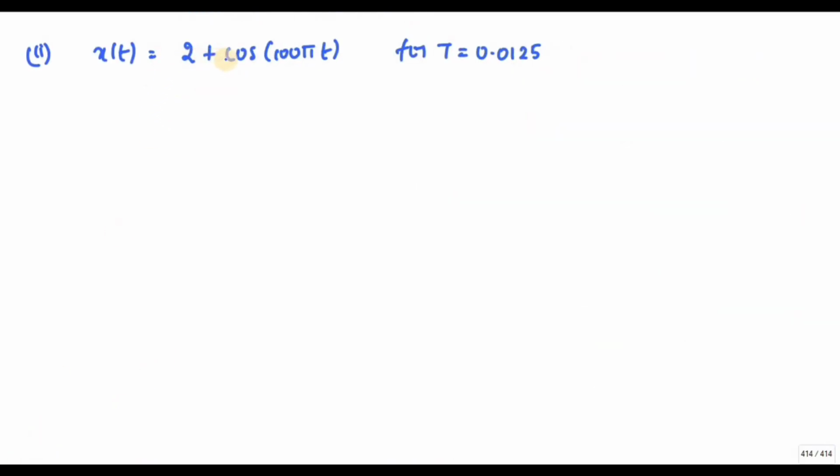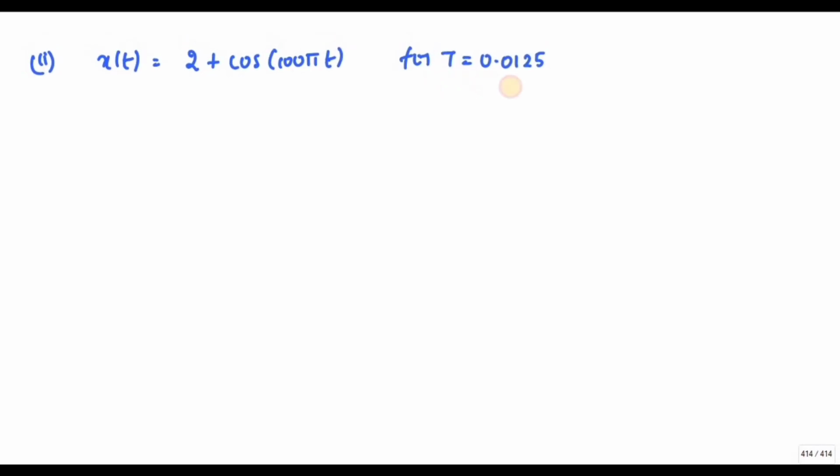So the next problem is x of t is equal to 2 plus cos 100 pi t, for t equal to 0.0125. From this t, I can find the sampling rate. The sampling rate is nothing but 1 divided by t, since rate represents the frequency. So 1 divided by 0.0125 is nothing but 80 hertz.